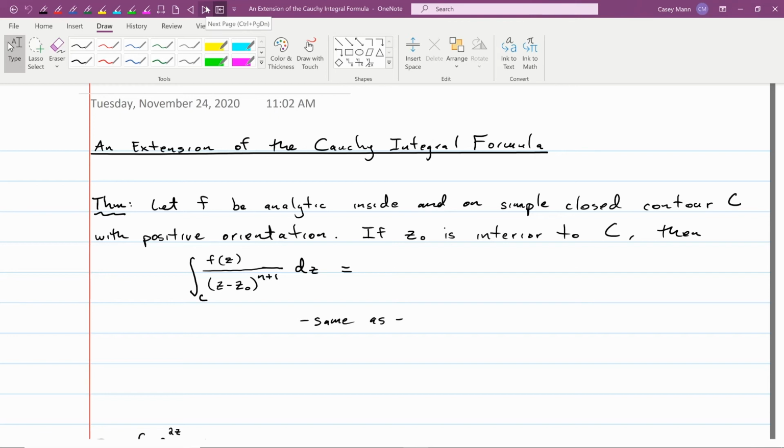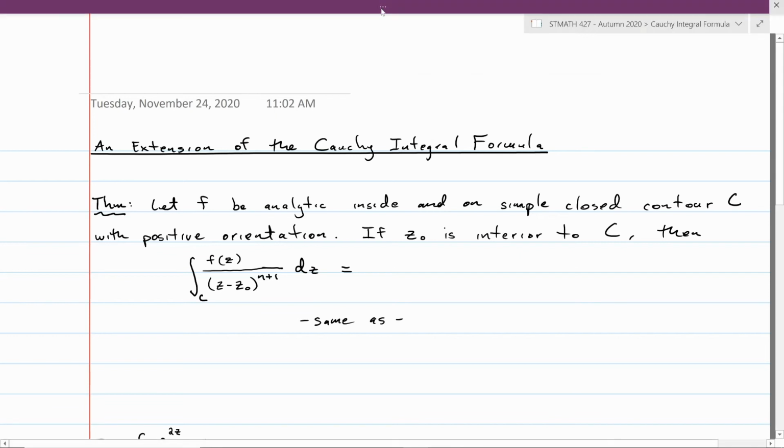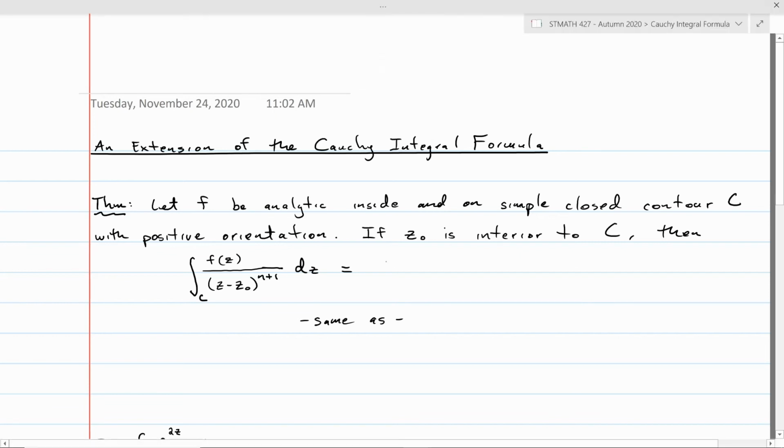This time, you notice in the integral, the z minus z naught term in the denominator is raised to the n plus first power. Cauchy's integral formula says that this variant of our original type of integral will be equal to 2 pi i over n factorial multiplied times the nth derivative of f at z naught.